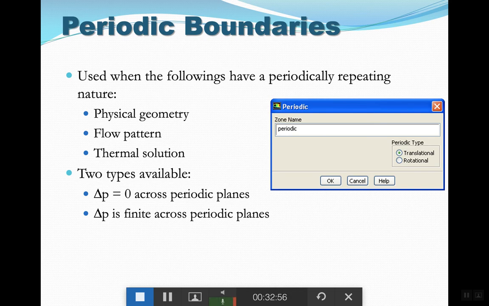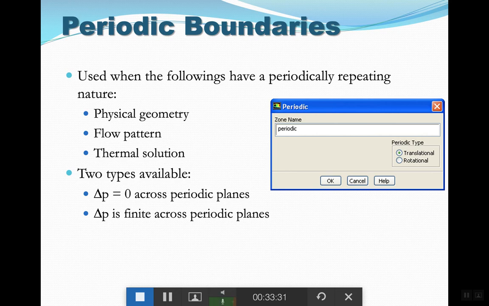The next type of boundary condition is the periodic boundary condition. Periodic boundary condition is not very common, and its purpose is actually to minimize your solution. If you remember, our rule of thumb in CFD was to reduce the size of your simulation as much as possible, meaning decrease the size of the geometry as much as possible.